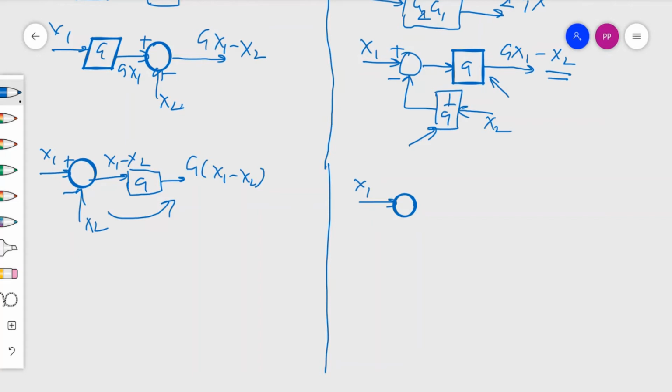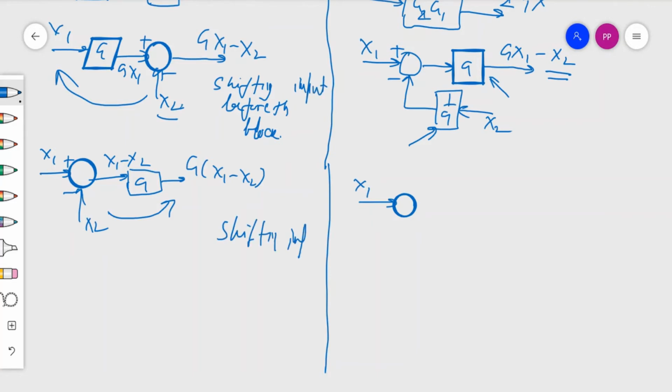This is opposite to the situation where I shifted the point x2 before the block. So when I am shifting the summing point, this is shifting the input before the block, and this is shifting the input after the block.